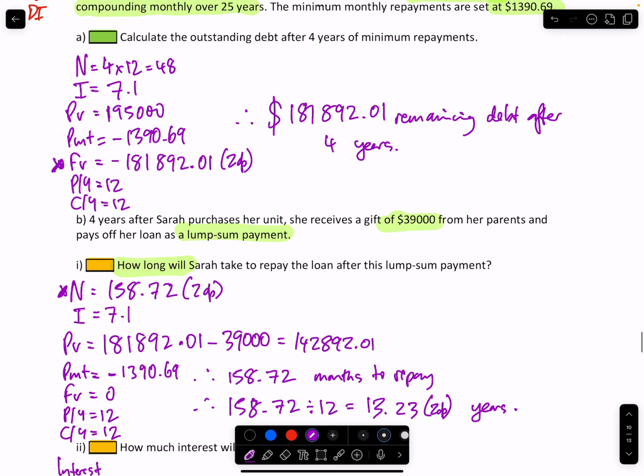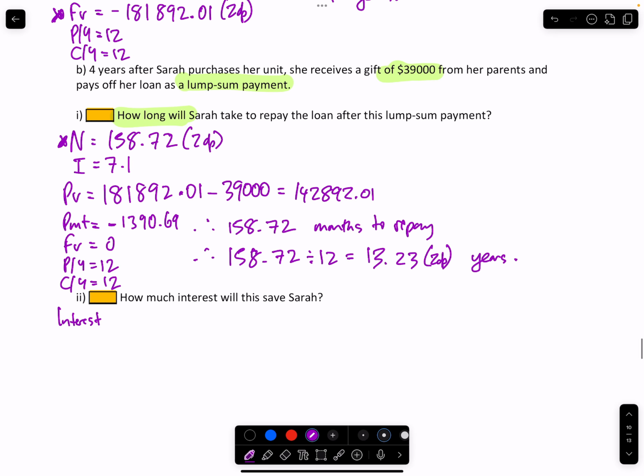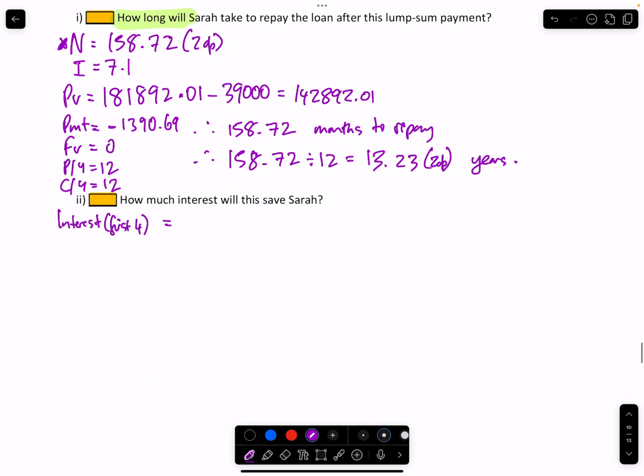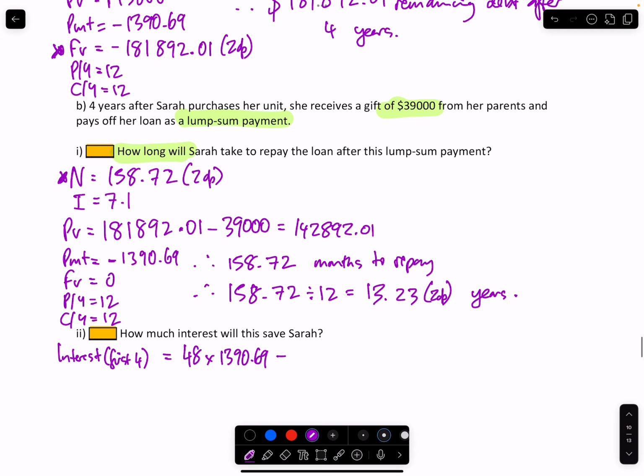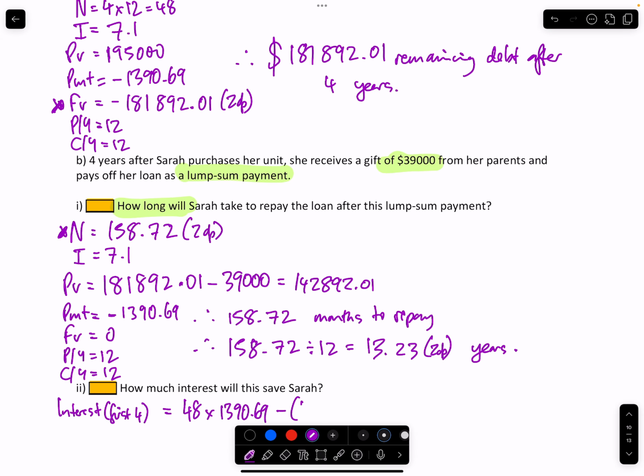What was the first 4 years? First 4 is going to be 48 payments of 1390.69. Take away, I started at 195,000 and I got it down to 181,892.01.